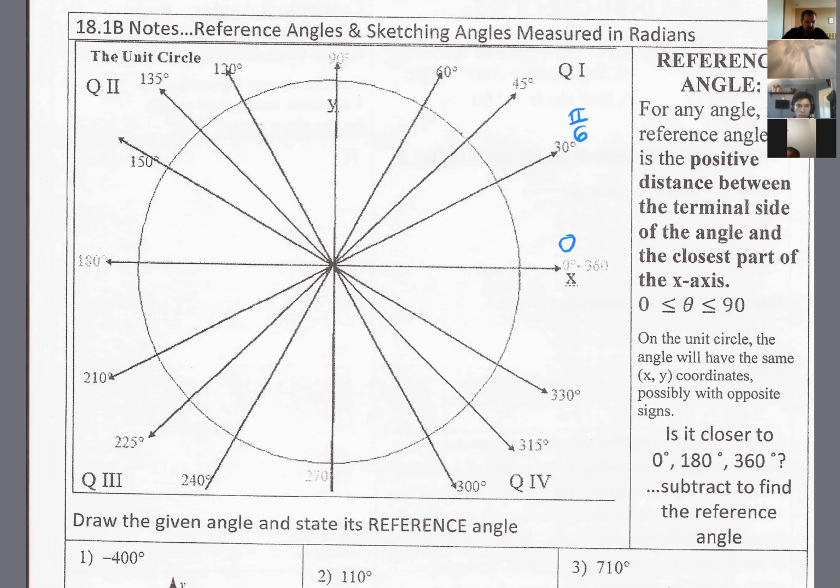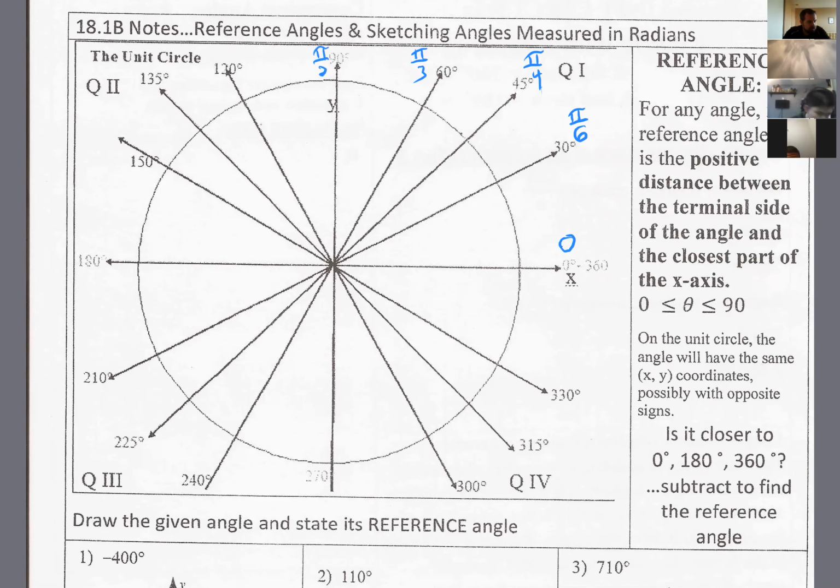30 degrees is pi over 6 radians. 45 degrees is pi over 4 radians. 60 degrees is pi over 3 radians. 90 degrees is pi over 2 radians. So we just took care of quadrant 1.